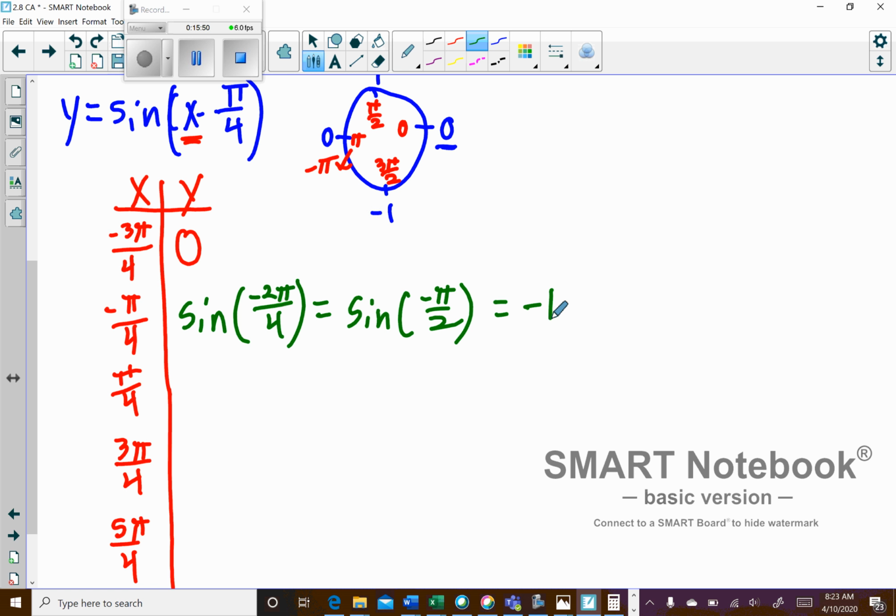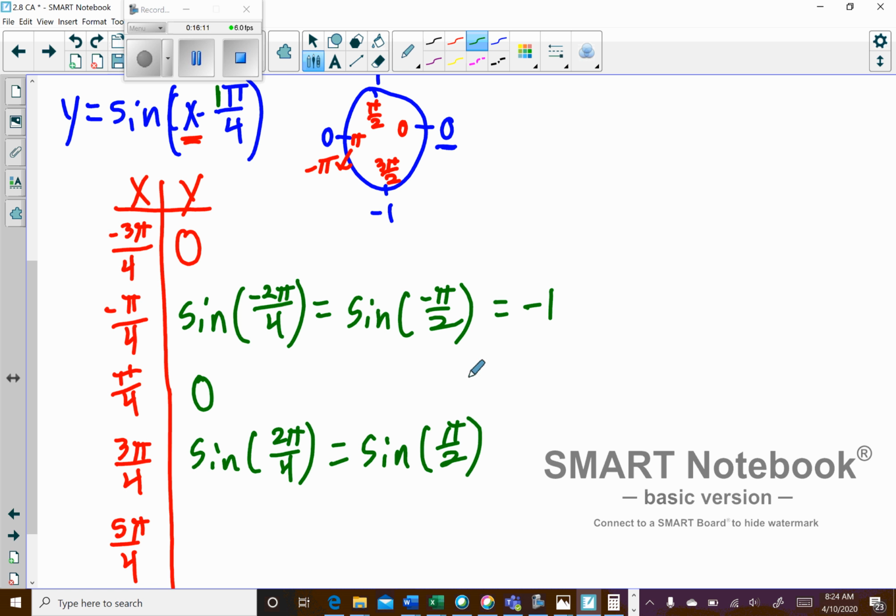Then if you plug in pi over 4, you'll get sine of 0, which is 0. Then if you plug in 3 pi over 4, I'm going to write this down again just to make sure. When you plug this in, you're going to subtract 1 off. So that will become 2 pi over 4, which is sine of pi over 2, which should give you a 1.